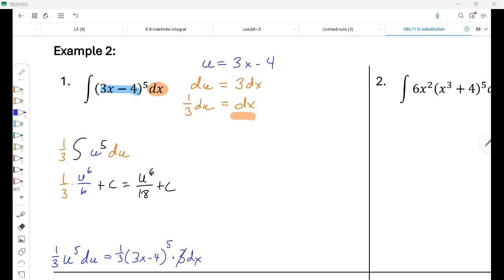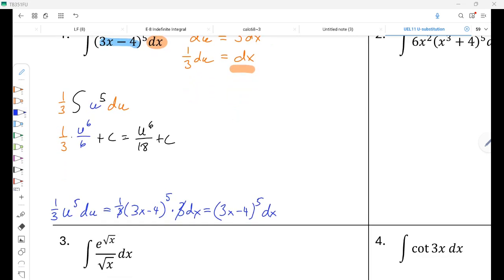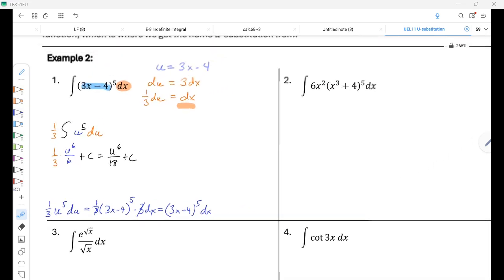And those 3's cancel. And that gives me exactly what I wanted to integrate. So this is what I mean when I say algebraically equivalent. Just me showing you in pictures that we did something algebraically equivalent. We did 1/3 u to the 5th du instead of 3x minus 4 to the 5th dx. And we did the same thing. Questions on that? All righty.